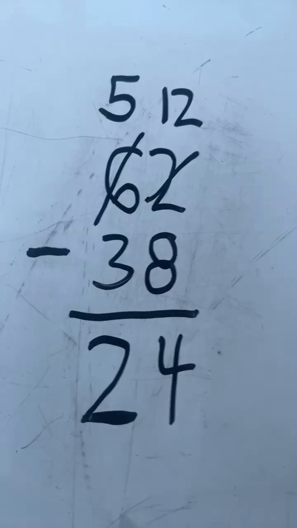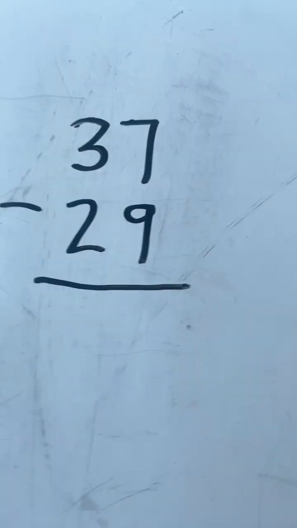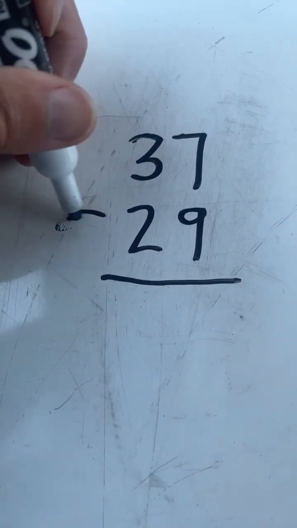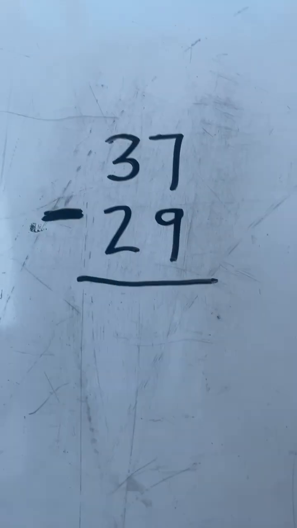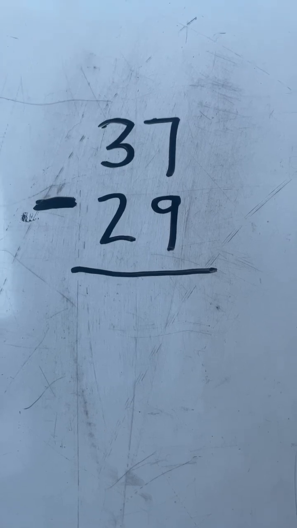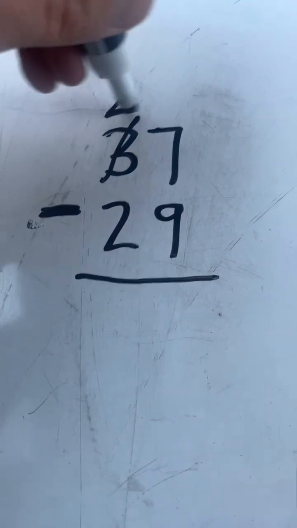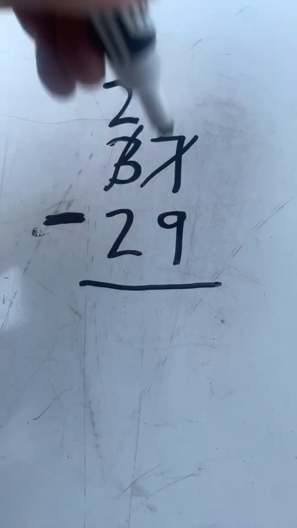All right, example number 5. 37 minus 29. So you can't start out with 7 and take away 9, so you have to take a 10 from the tens place. The 3 is going to become a 2. The 7 is going to become a 17.